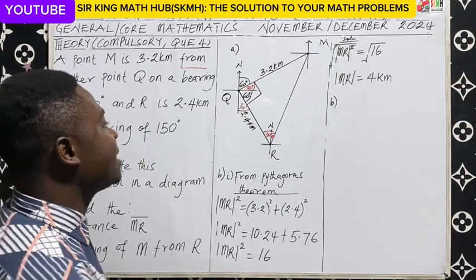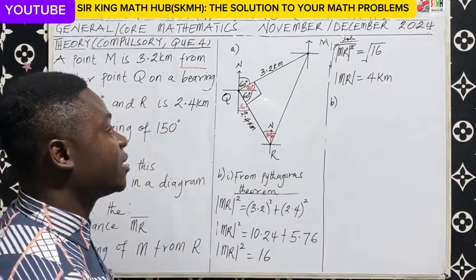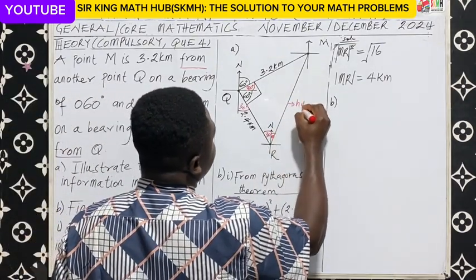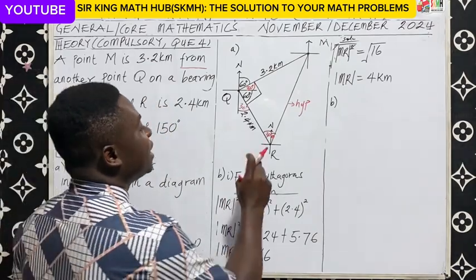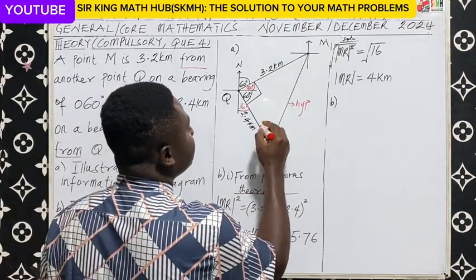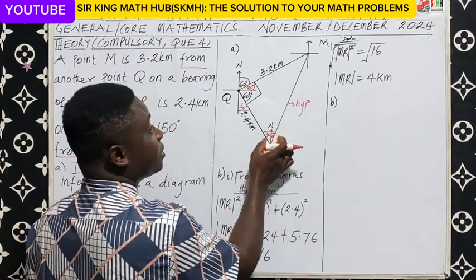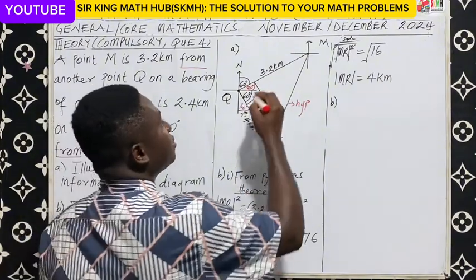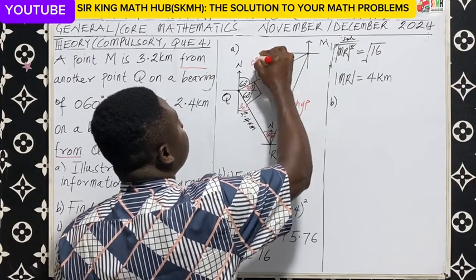Now to do this, let's identify the remaining sides of the right angle triangle. Already we know that this side is the hypotenuse. It is the longest side. And then this angle 30 plus theta is facing this side of the triangle. So this side becomes our opposite.